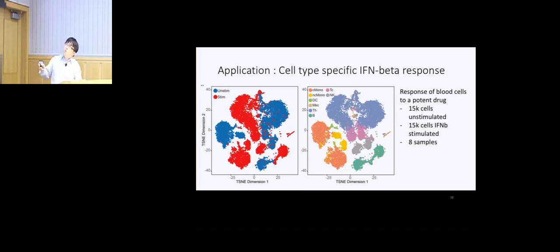So this is a view between the conditions. This is all T cells, mostly T cells and NK cells, and these have very different profiles because interferon beta changes the immune response of the cells quite a bit. So the expression profile changes a lot.